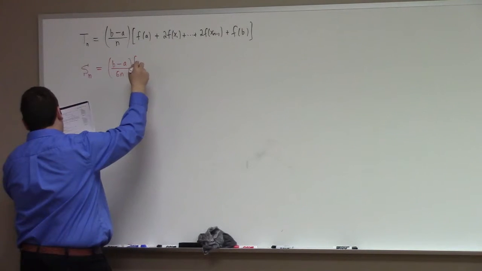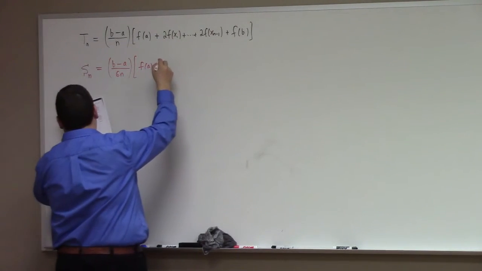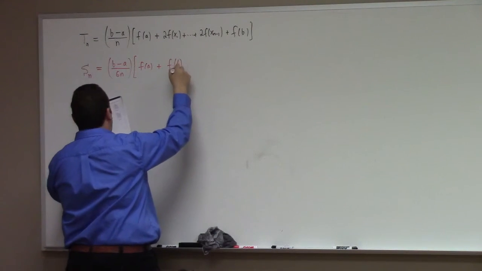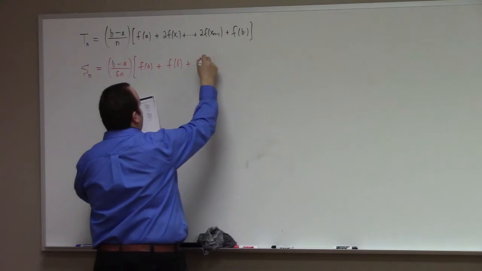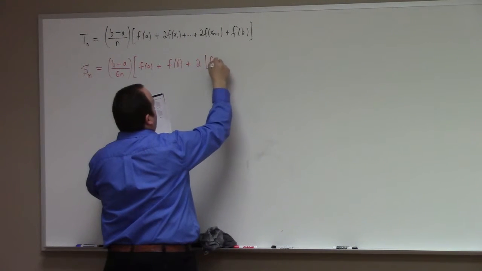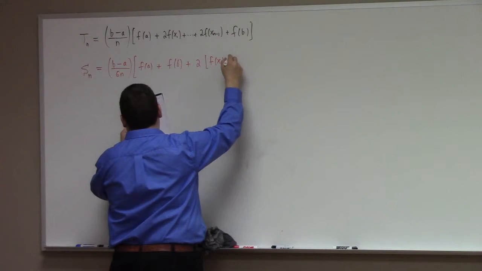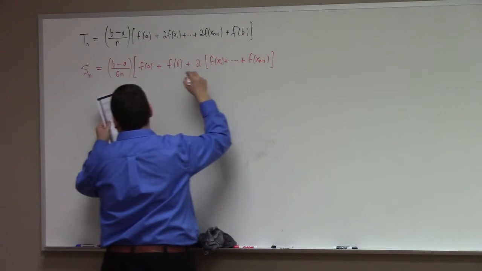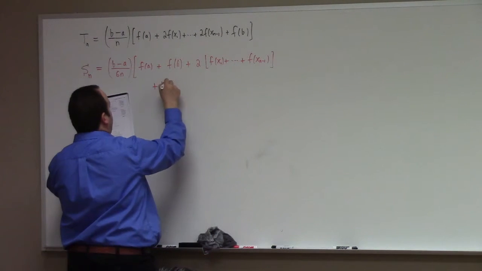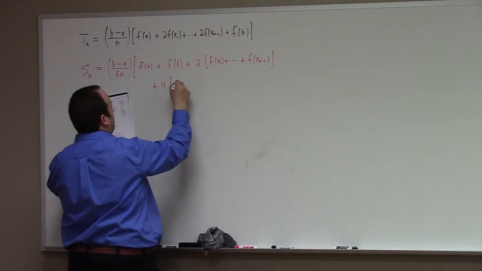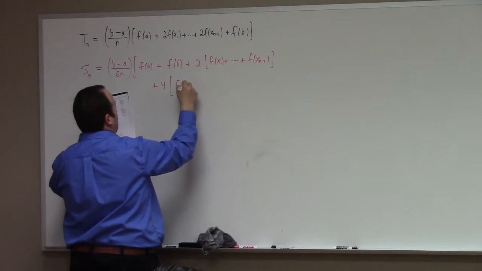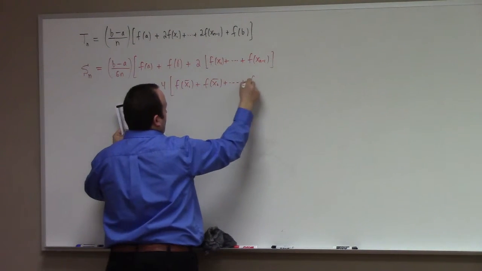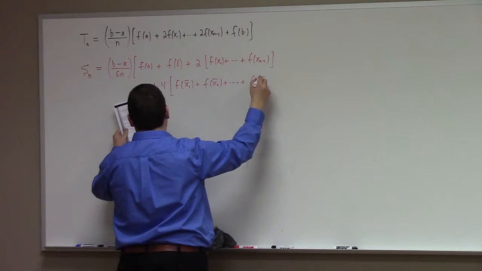So (b minus a) over 6n times [f of a plus f of b, plus 2 times f of x1 plus all the way to f of x_{n-1}, plus 4 times the averages, in my notation f of x bar 1, f of x bar 2, all the way to f of x bar n].